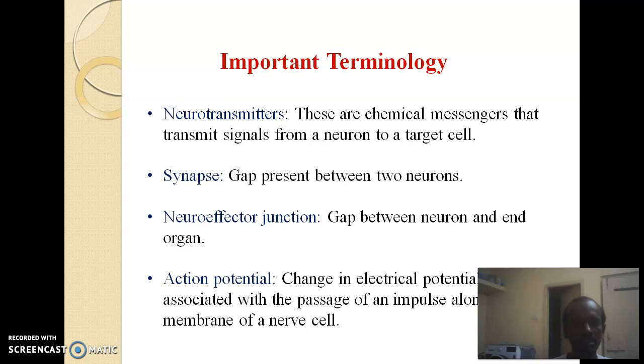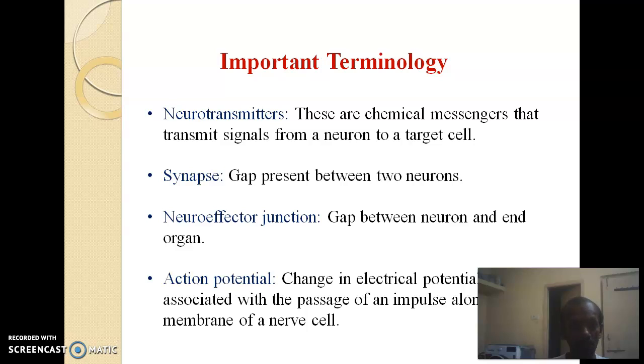Next, we discuss the meaning of some important terms which we come across during this discussion. First among them is neurotransmitter. Neurotransmitters are chemical messengers that help to transmit signals from a neuron to a target cell. Second one is synapse. It is the gap present between two neurons.